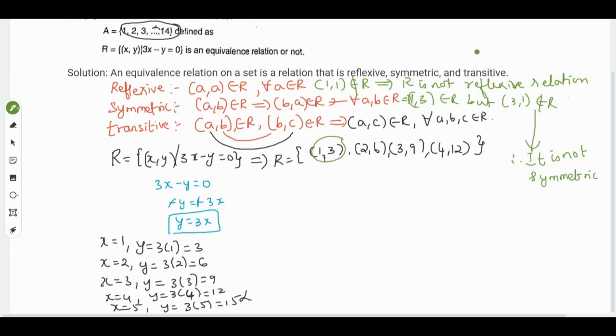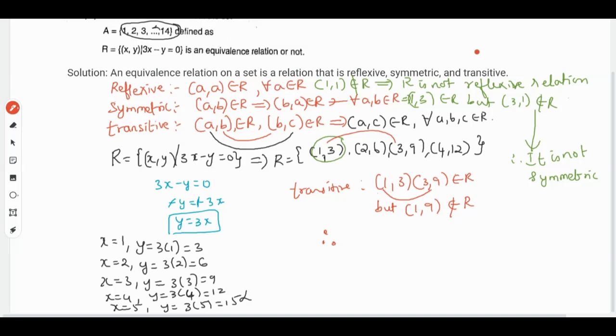Then the last one, transitive. We take the element: (1, 3) is there, then we should continue with 3, so (3, 9). We have (1, 3) and (3, 9) belonging to R, but we need to take the first and last, and (1, 9) does not belong to R. We don't have (1, 9) in the given relation.